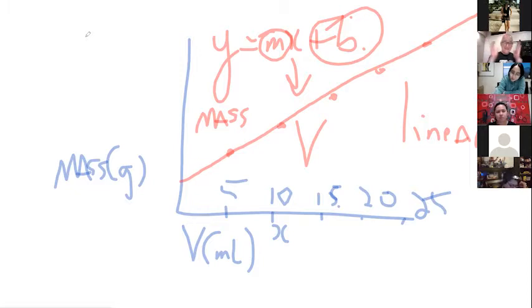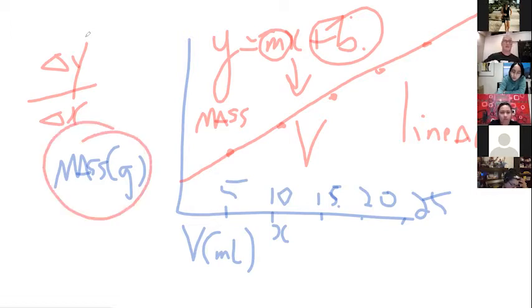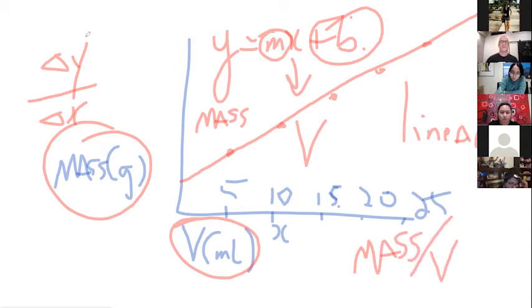Since we're literally plotting mass versus volume, and the slope, m, is always the change in y over the change in x, well, since y is mass and x is volume, the slope is going to be mass over volume. What's mass over volume? That's the density.